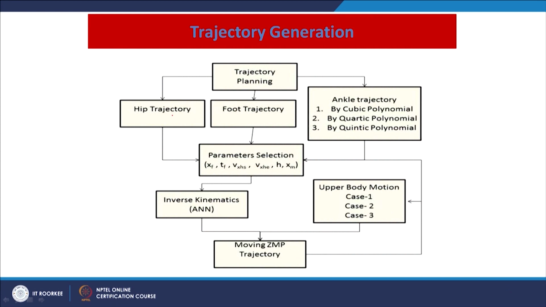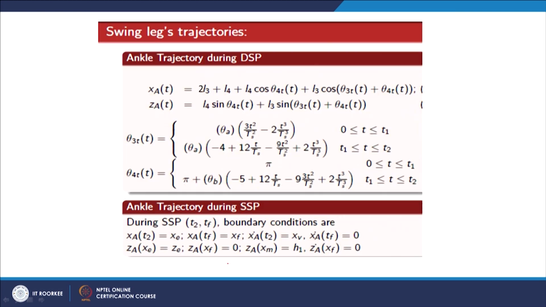So, we have to derive the hip trajectory, foot trajectory and ankle trajectory and different types of upper body motion, and then we can find the inverse kinematics for finding the angles at each joint, different cases of upper body motion for stability, and then we can analyze the stability using ZMP.